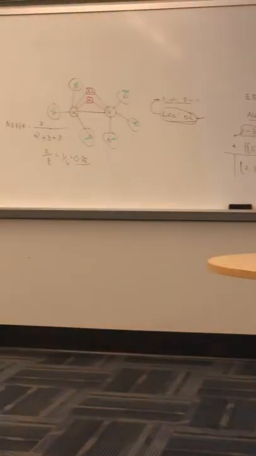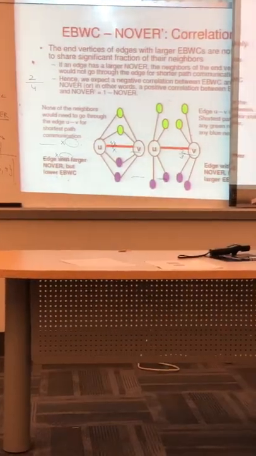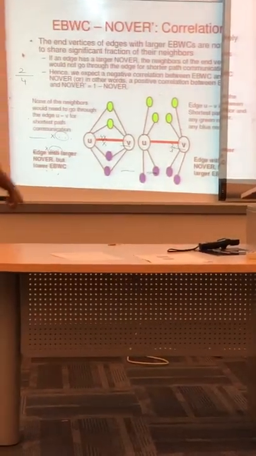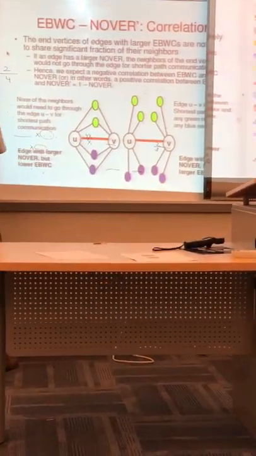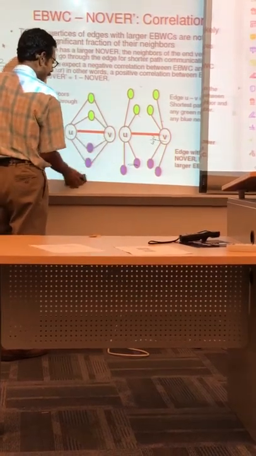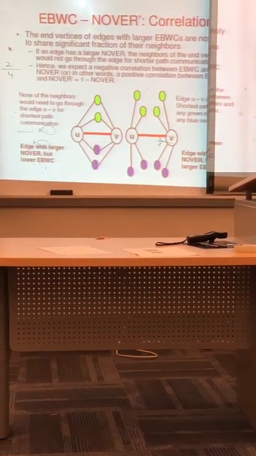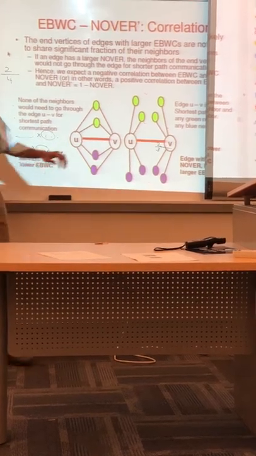Now if you look at edge betweenness and neighborhood overlap, the first graph here, not graph, just looking at the edge, we can call this an egocentric edge network, if you remember the terminology I introduced earlier.